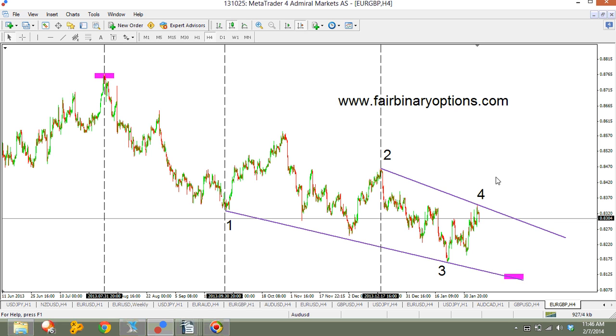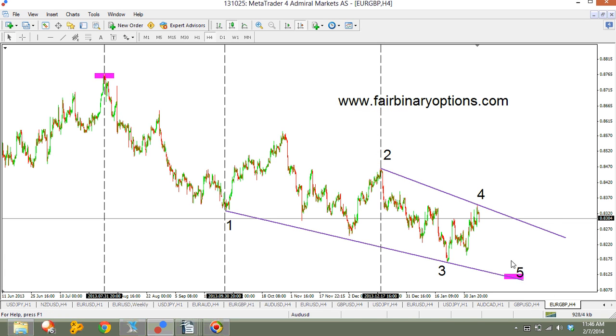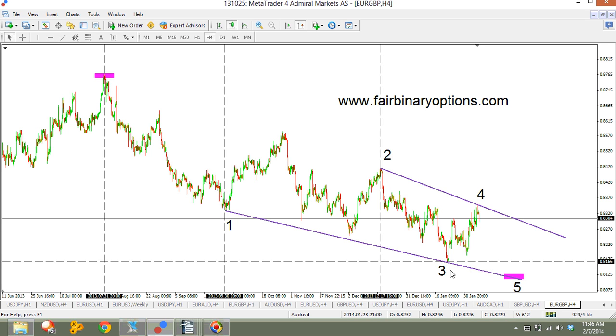So what I'm trying to say is that we're looking for this fifth wave to come to the downside, to try to pierce that trend line, but definitely to go and to threaten the lows in the previous third wave. Now, is this bearish for the euro US dollar as a currency? Probably so. We're talking about a 150 pips move minimum, probably even some more.